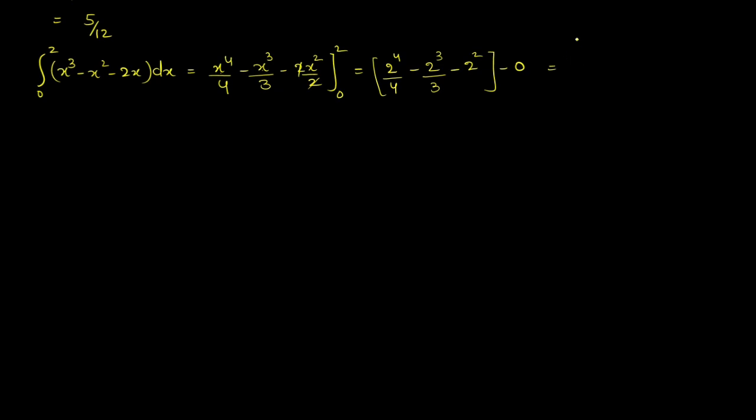If you simplify this, 2 power 4 is 2 times 2 is 4, 4 times 2 is 8, 8 times 2 is 16, by 4, minus 2 cube is 8 over 3, minus 2 square is 4, and minus 0 can be left off. So 16 by 4 will be 4, minus 8 over 3, minus 4. Here, plus 4 minus 4 get cancelled. So I get the answer as minus 8 over 3.